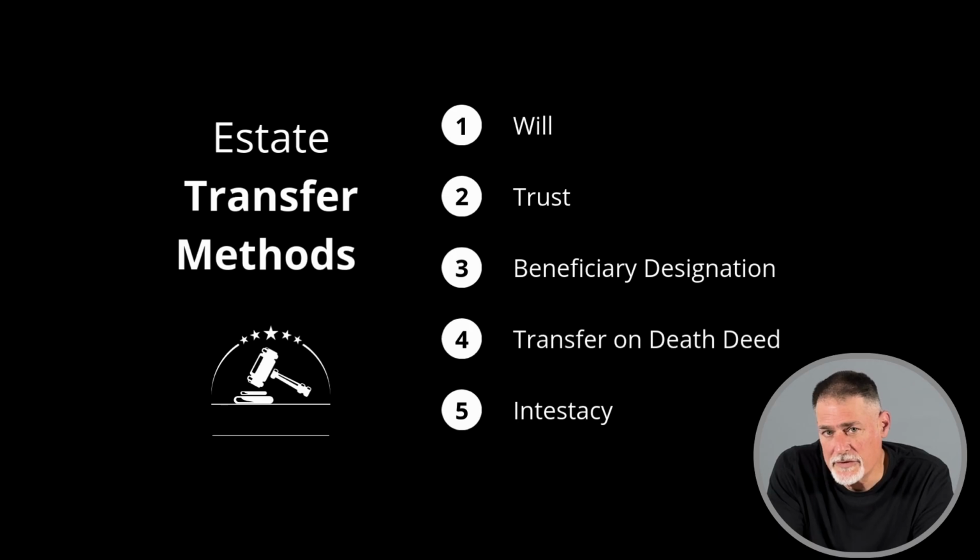The first thing you must decide is the transfer method. Do you wish to use a will? Do you wish to place all of your assets into a trust, therefore bypassing the probate process?